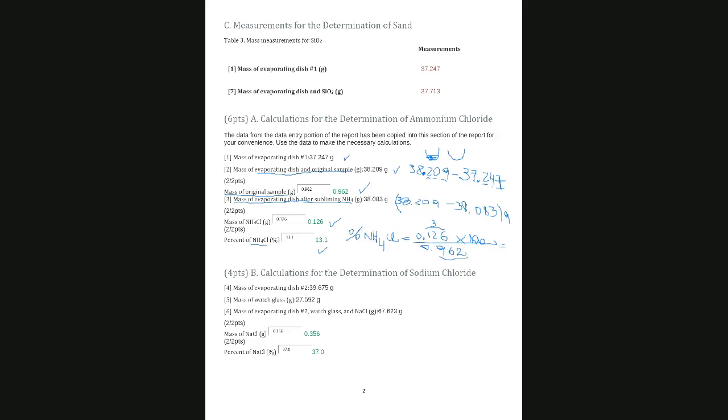They give me the mass of the evaporating dish number 2, the watch glass, which is what I cover with, and the sample. But I just want the mass of sodium chloride. So I have to subtract the mass of the watch glass and the mass of the evaporating dish in order to get the mass of sodium chloride. Does it make sense?